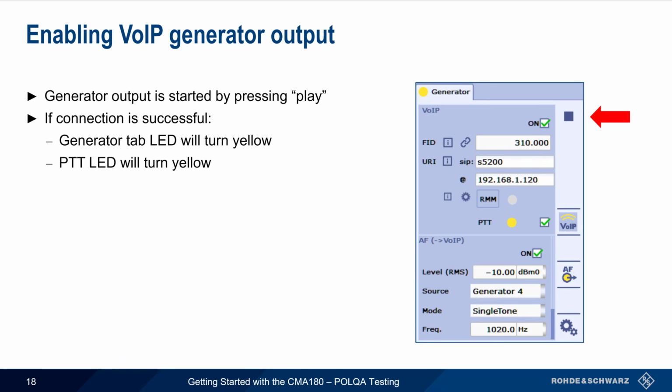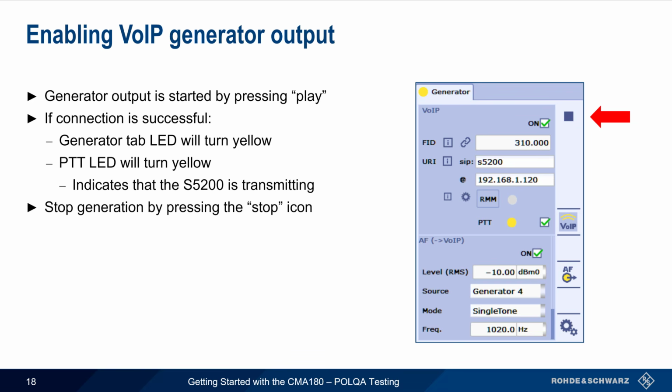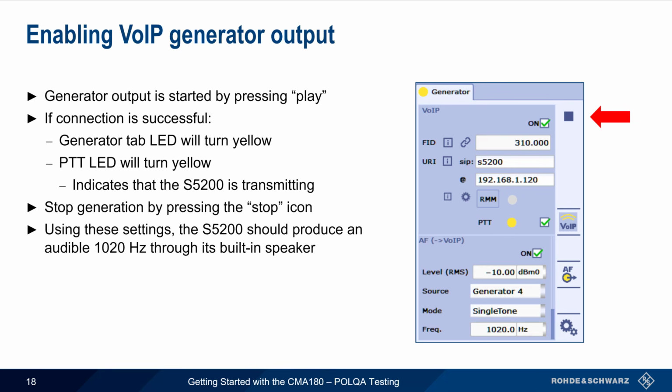The PTT or push-to-talk LED will also turn yellow, and this indicates that the S5200 is transmitting. The generator can be halted by pressing the stop icon. Using these settings, a 1020 Hz tone should be audible from the S5200's built-in speaker or attached headset when generator output is enabled.